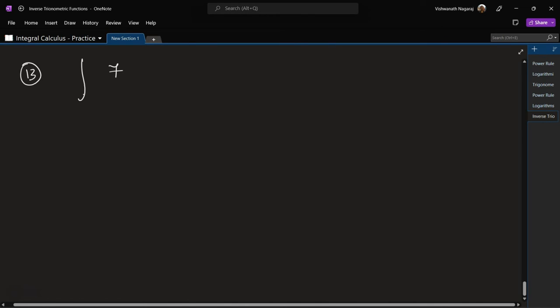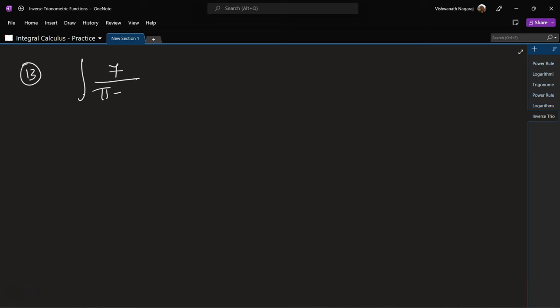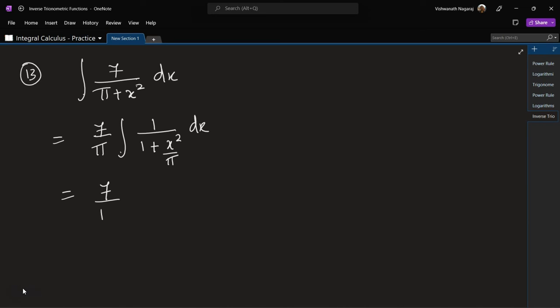integral of 7 by pi plus x square dx. This would be 7 by pi integral of 1 by 1 plus x square by pi dx. And this can be written as 7 by pi integral of 1 by 1 plus x by root pi square dx.